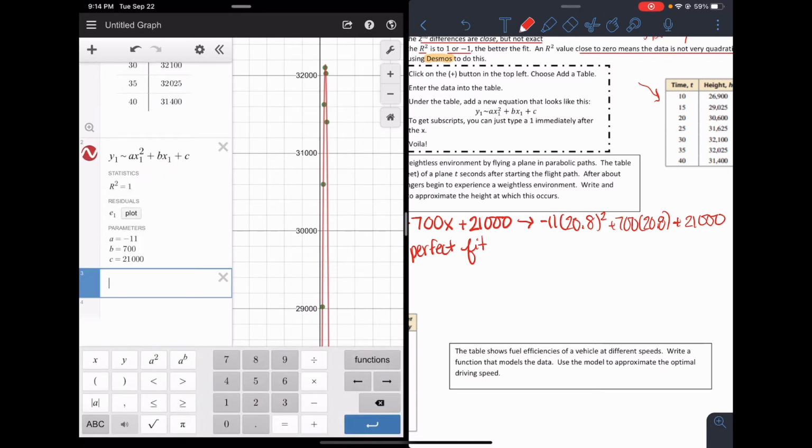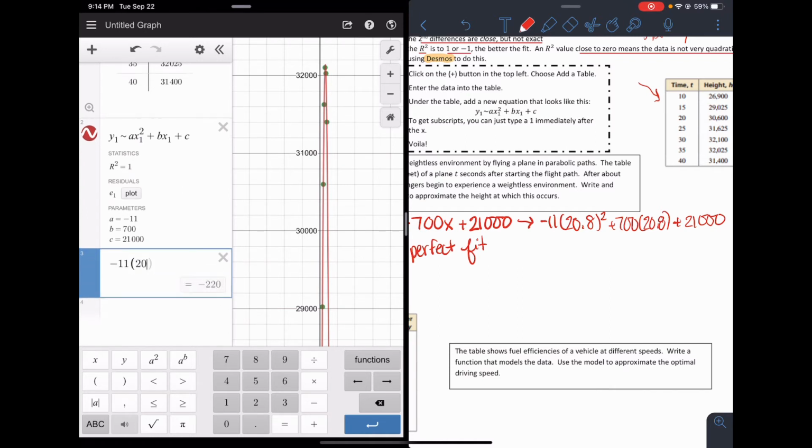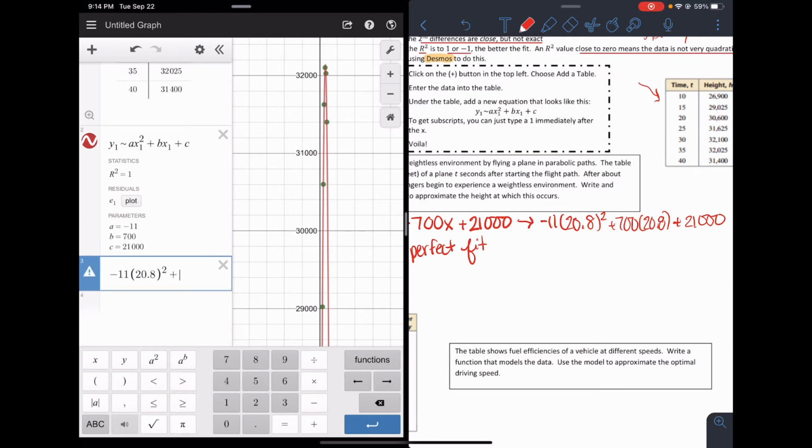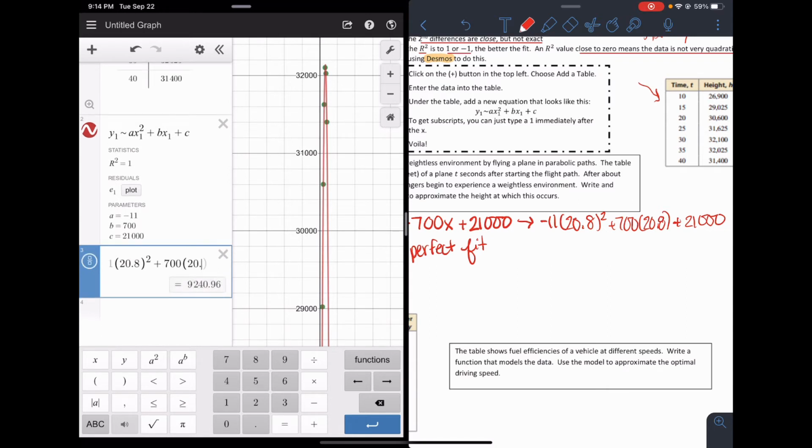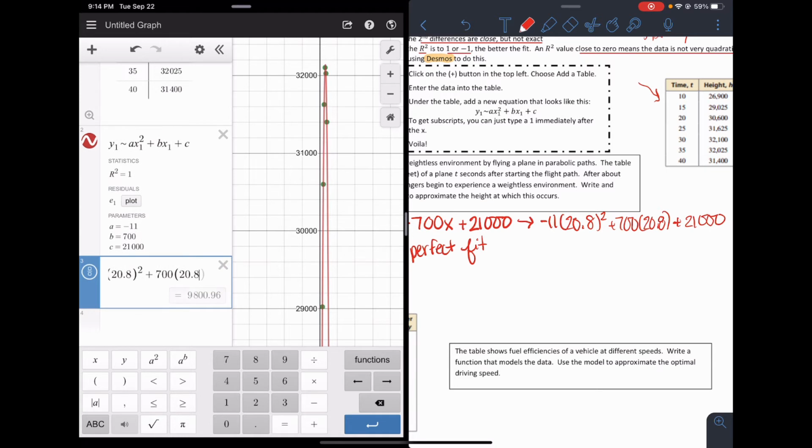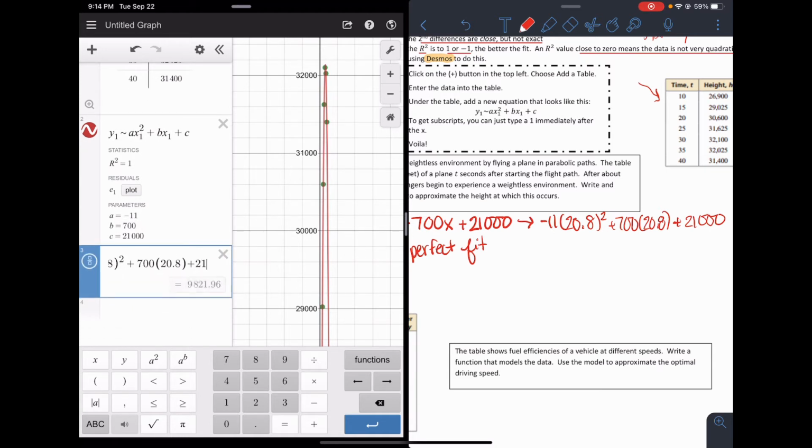In the graphing calculator on Desmos, you can literally type in like this, negative 11 times 20.8, and then you can square it. Then you can add 700 times 20.8 plus, close the parentheses, plus 21,000. And that tells me 30,800.96.